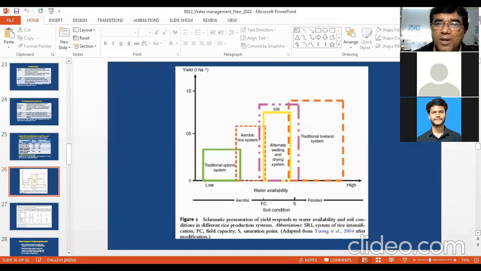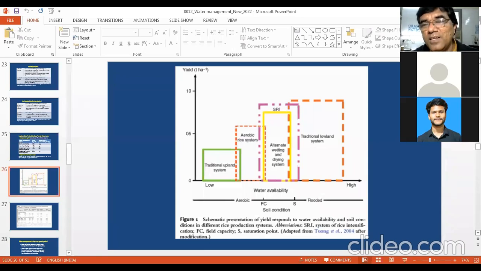So as you come towards left, your water productivity may increase, but your yield or crop productivity will decrease. So we need to make a compromise somewhere. If you want more and more productivity, then more water is applied. If you want less crop productivity, then less water is applied.